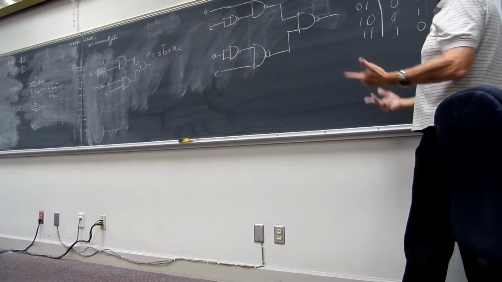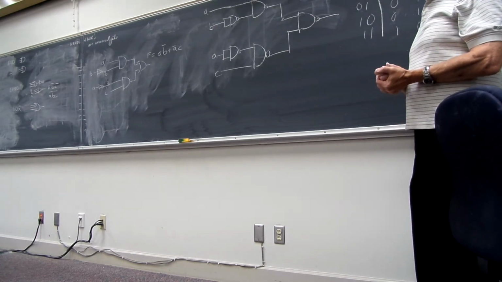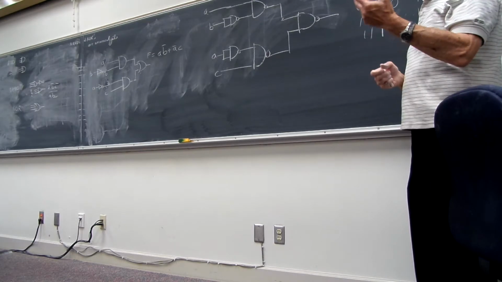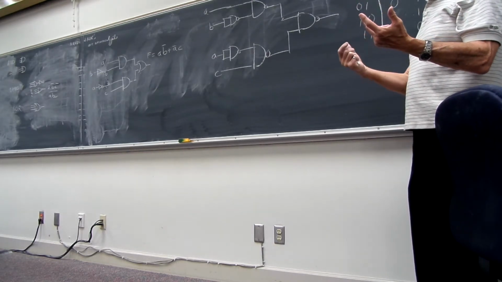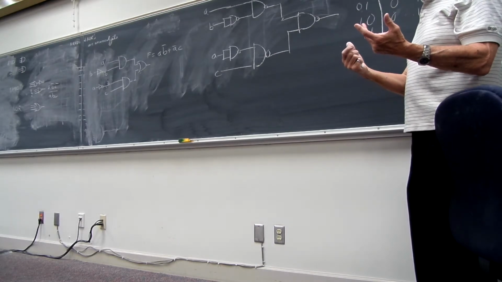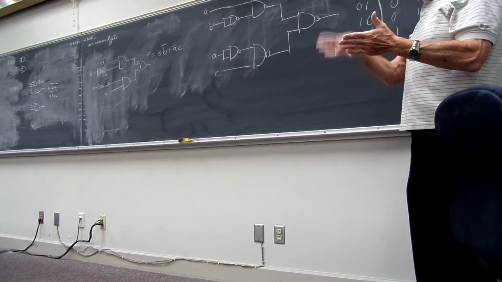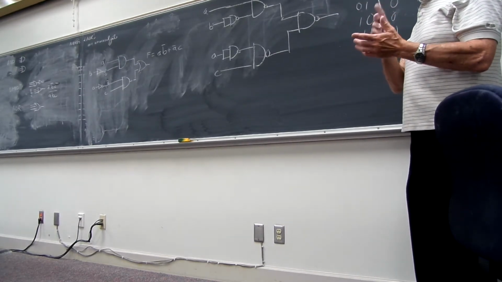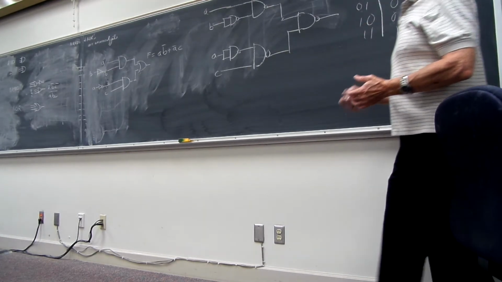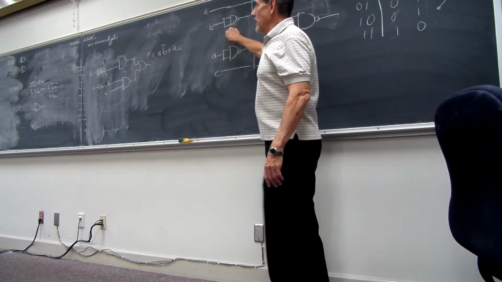Do you understand that's exactly the same thing as a NOT gate? If you put a 0 into a NOT gate, what do you get out? Put a 0 into a NOT gate, you get out a 1, put a 1 in, you get out a 0. I just made a NOT gate.